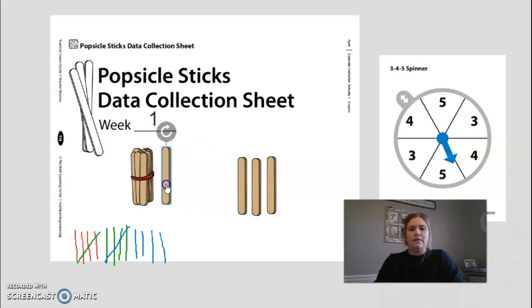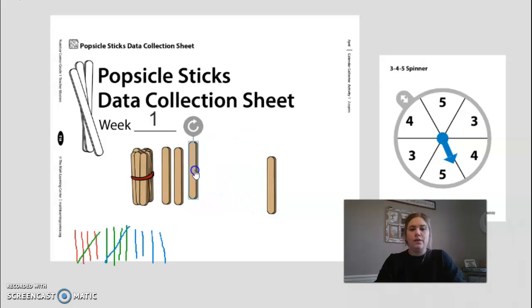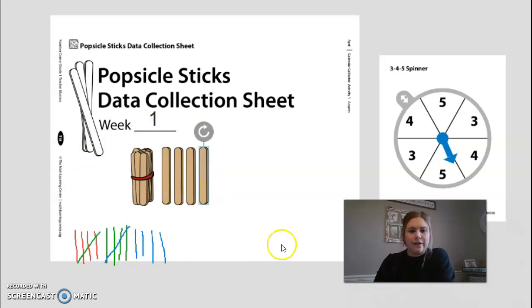And now we have 1, 2, 3, 4. So how many total do we have altogether? So this is 10, so we're going to do 10 and we're going to count on. So remember, grab your 10, 10, and 4 more, 11, 12, 13, 14.